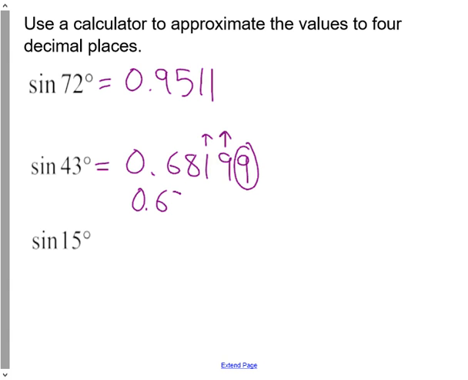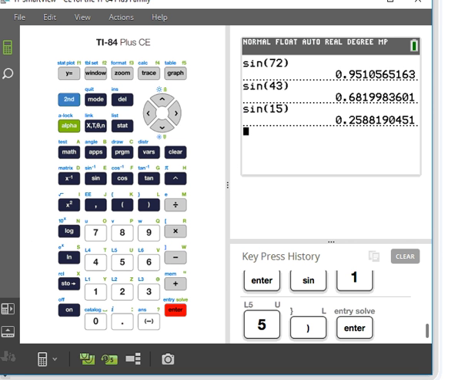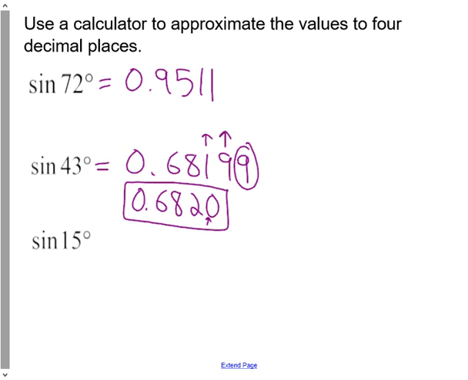So again, just to show the appropriate way, you do need to round up the last 2 digits because 19 rounds to 20, and you still need that 0 because it wasn't exact, because it rounded. Okay. Lastly, sine of 15 is 0.2588, all after the decimal point, and no rounding necessary for that.